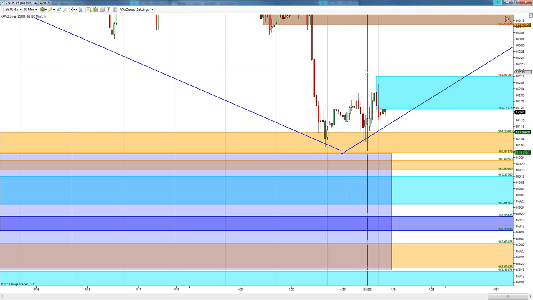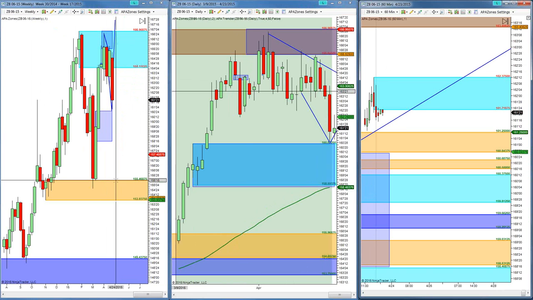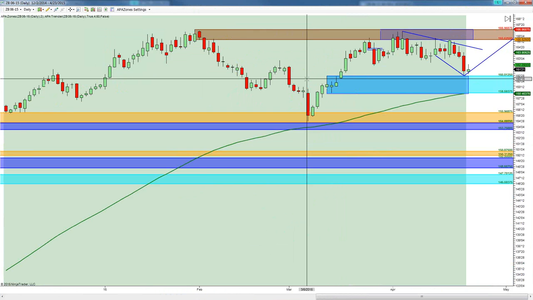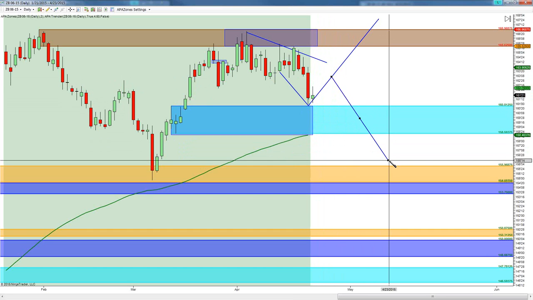Now let's make the case for the short side. For the short side, we know that on the weekly charts, we can go all the way down here to 155, which is a pretty good distance. Okay. So on the daily charts, that means that if we get a bounce off of here, and I think you could get a bounce off of here, we would be having to find resistance again.